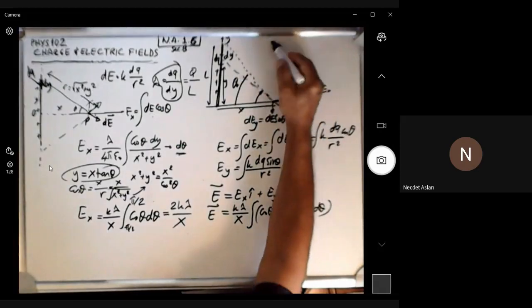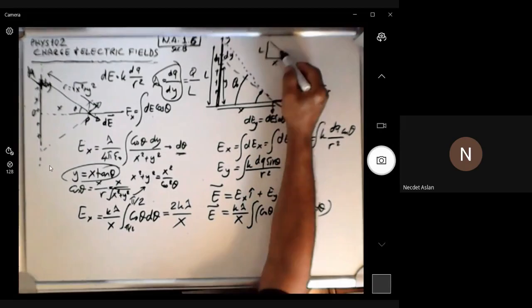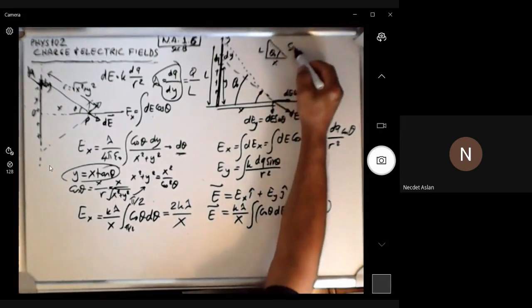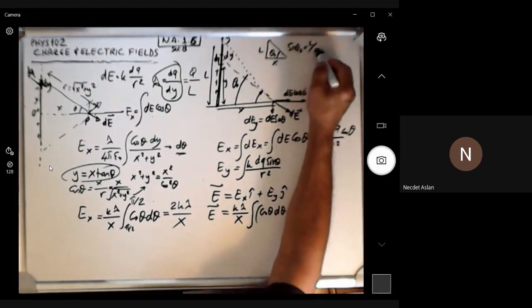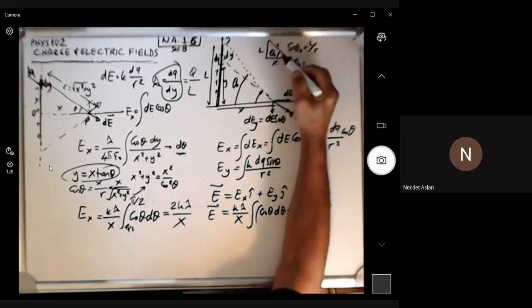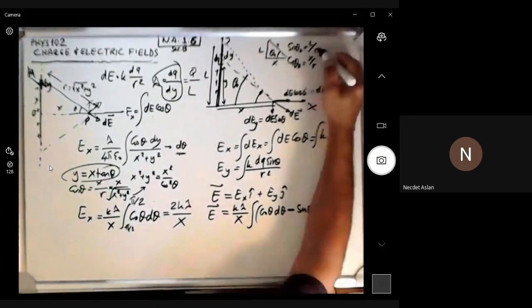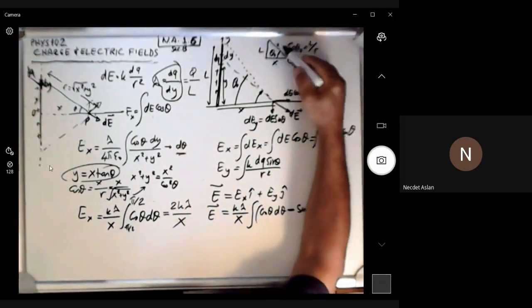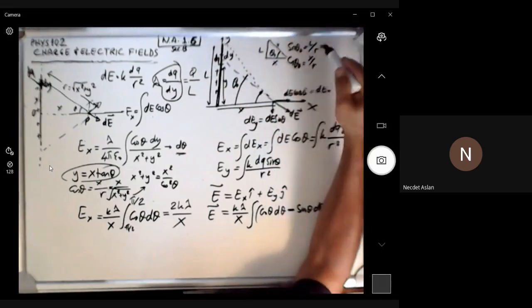Now for theta 0, I can do it from geometry: this is x, this is L, and this is the maximum theta 0. As you see, sine theta 0 is equal to L over R. Of course, this is always R. And then cosine theta 0 is just x over R. In this case, R will be equal to the square root of L squared plus x squared.